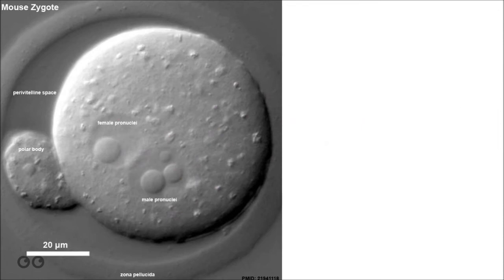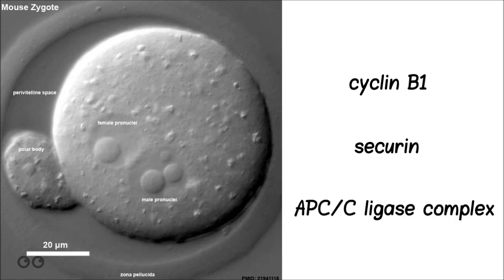Subsequent exclusion of the second polar body from the oocyte and separate simultaneous formation of the male and female pronuclei, which occurs 4 to 6 hours after the first calcium spike, are mediated by the degradation of the substrates cyclin B1 and securin by the ligase complex called the anaphase promoting complex, or APC/C. As the name suggests, this complex facilitates the metaphase to anaphase transition.